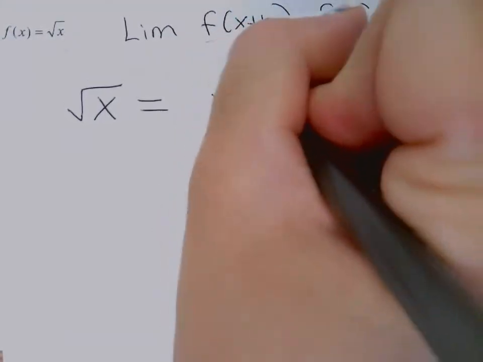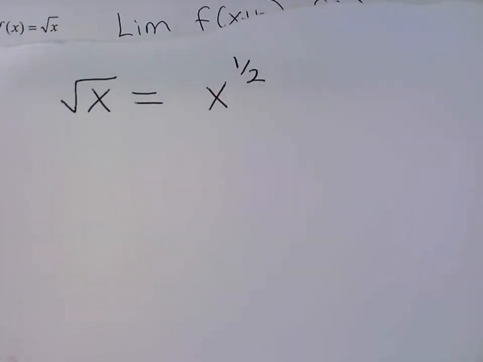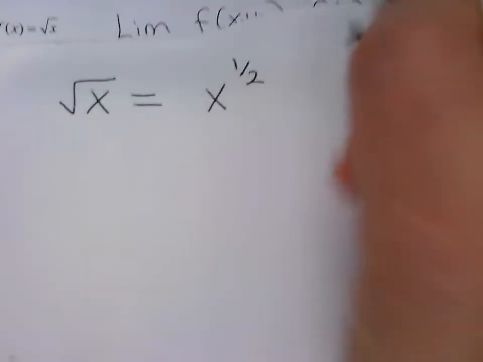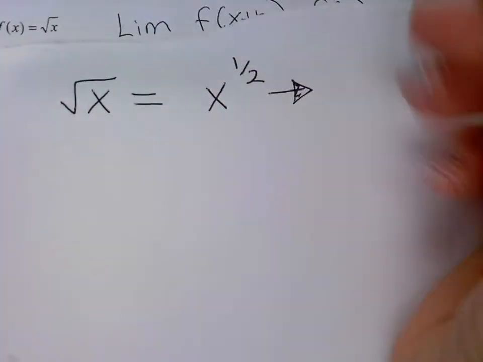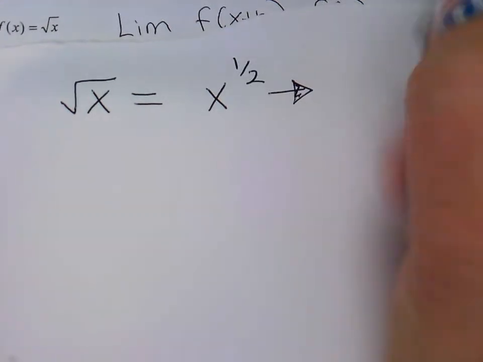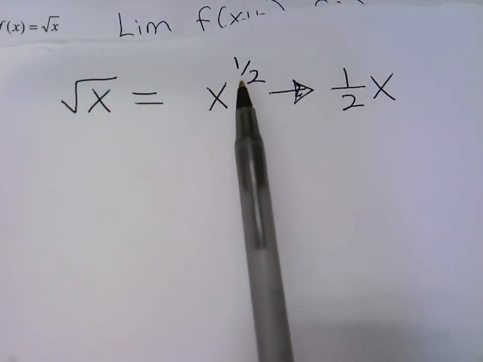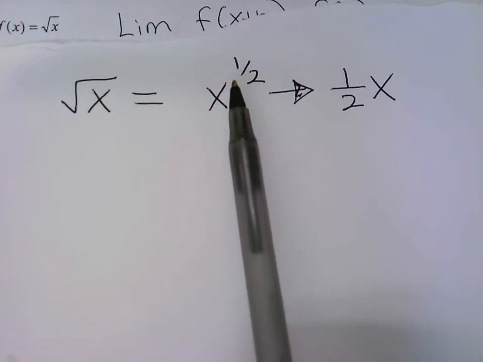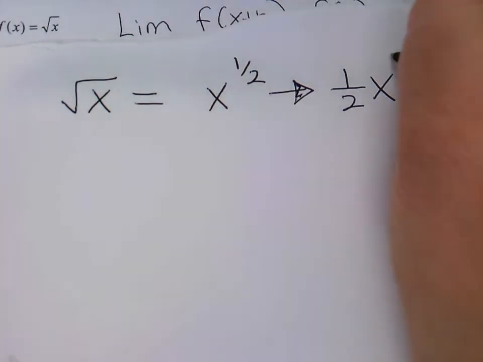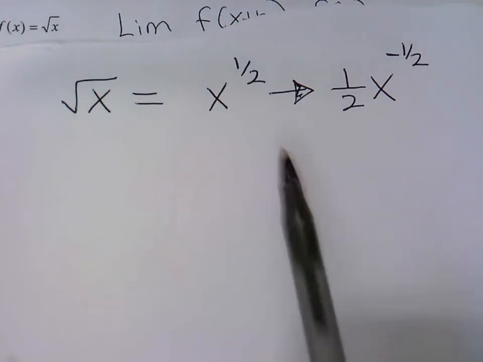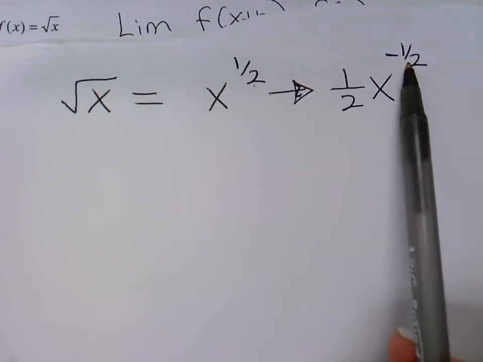So x to the 1/2 power by the power rule for the derivative would be what? Bring the exponent down front. So I'd have 1/2 x, and I have to subtract 1 from the exponent power. So that would be the negative 1/2 power, right? Because 1/2 minus 1 is negative 1/2.